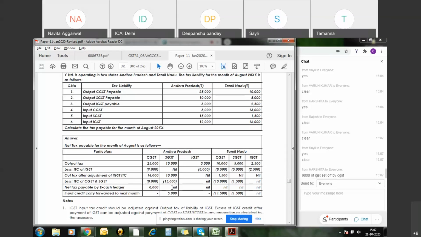So out of 16,000, first we record an entry of 2,500. Then we see that the CGST liability is on the higher side as compared to the SGST. So what we do, SGST can be completely set off, 5,000 against this IGST. So we placed 5,000 over here, and whatever balance remains, 8,500, is placed under the CGST.